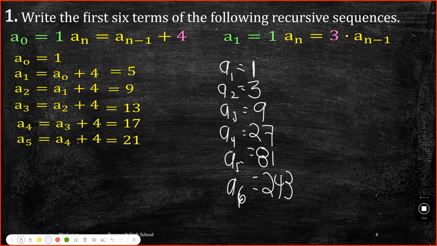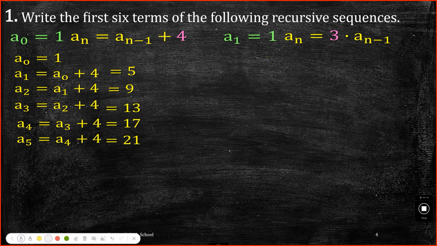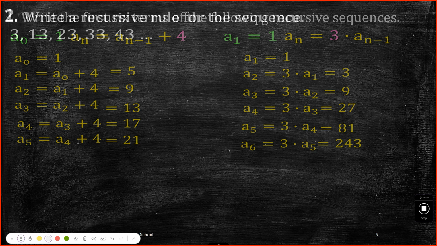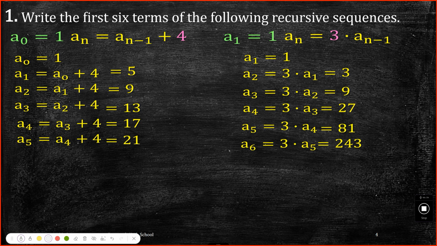Whatever. Sometimes some years I don't teach this. Sometimes I don't even go over this. But this is another way of writing sequences. So the moral of this story here is that you have to give one of the terms in the sequence and give a rule for finding the rest of them.